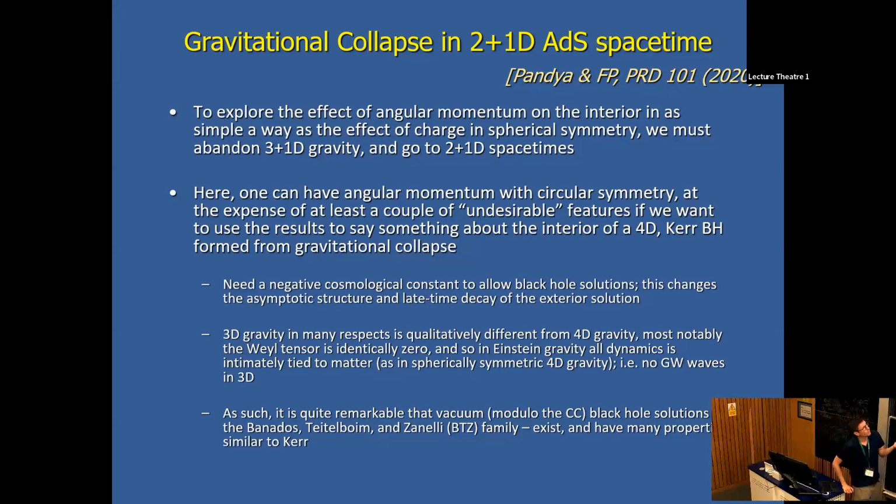Now, we can do this without a cosmological constant, because there are no black hole solutions in 2+1D or 3D gravity without a cosmological constant. It's kind of remarkable that adding a negative cosmological constant, so that the space-time becomes asymptotically anti-de Sitter, gives black hole solutions.